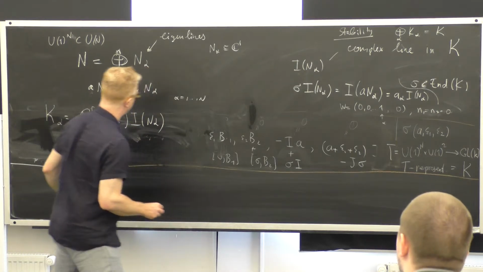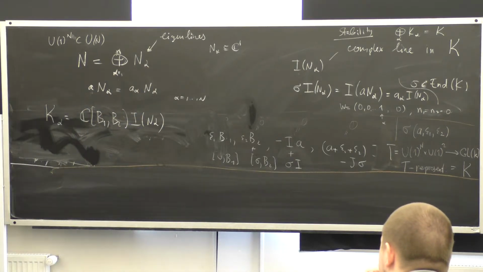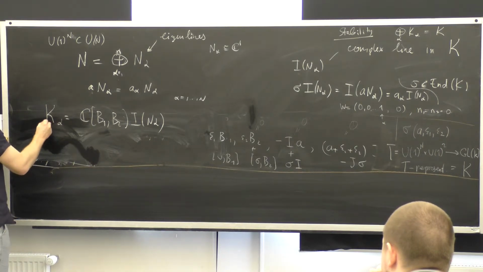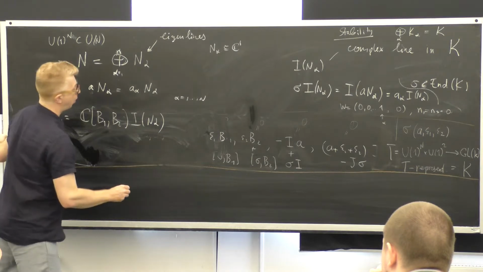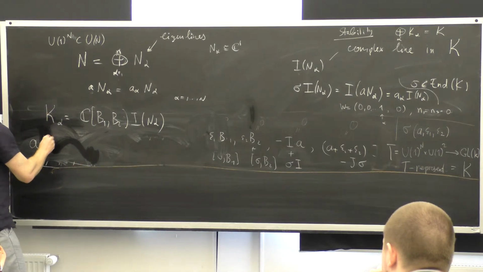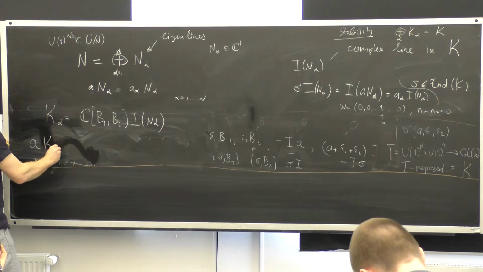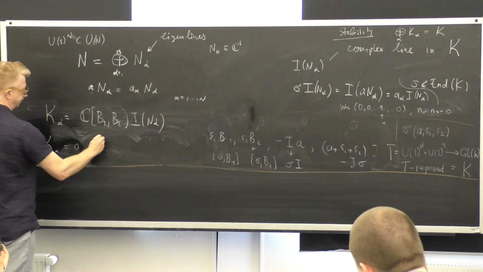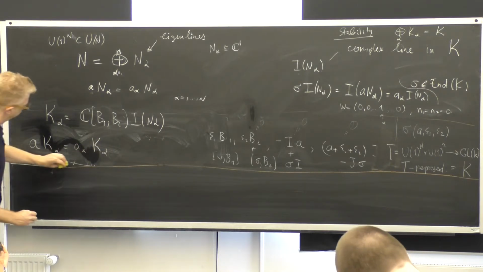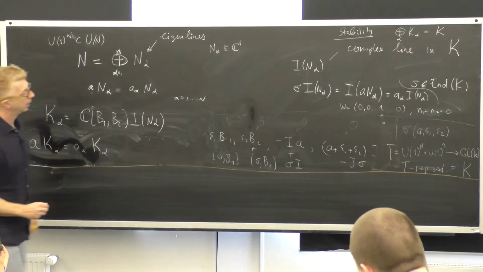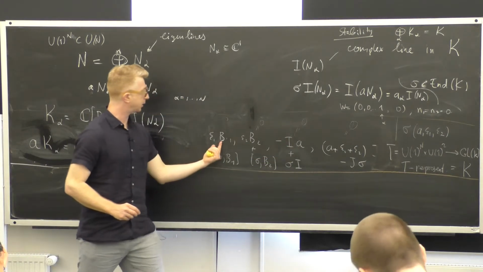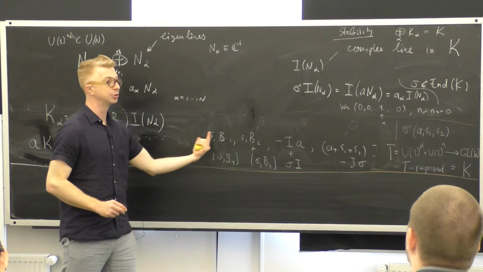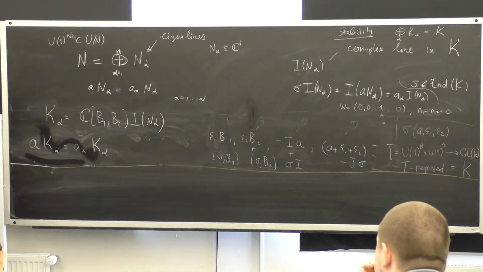Because for the action of this torus, all K alphas are eigenspaces of the n-dimensional torus with eigenvalue a sub alpha. Because A doesn't act on B1 and B2, so it sort of commutes trivially with B1 and B2.